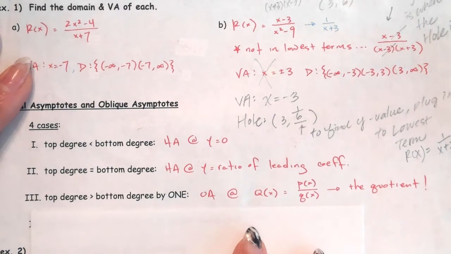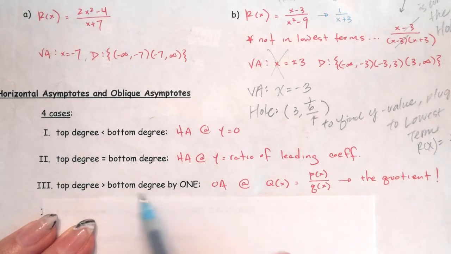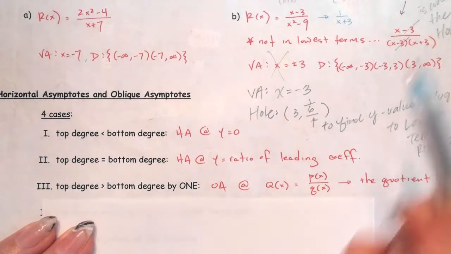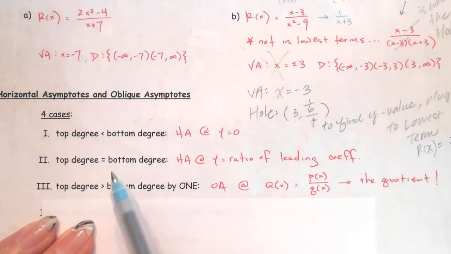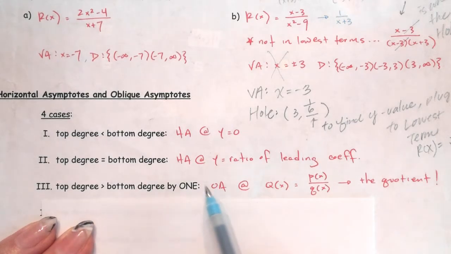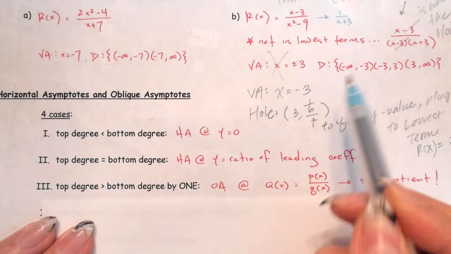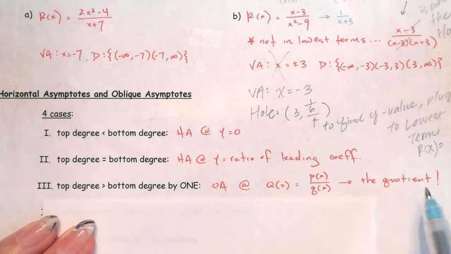Okay, the next case is if the top degree is 1 bigger than the bottom degree. So if this was like x cubed and this was x squared, it would be case 3. If it's case 3, you get an oblique asymptote. That's one of your diagonals, y equals mx plus b, basically. And then what you would have to do is divide and find a quotient.